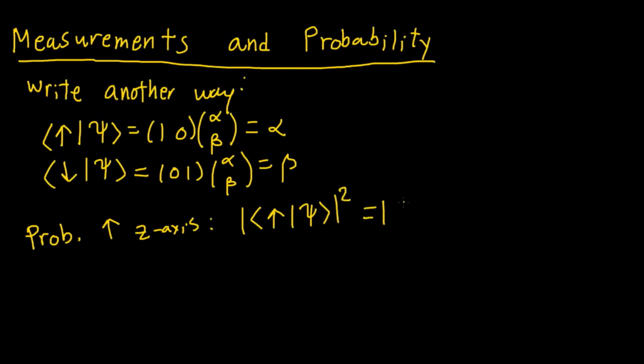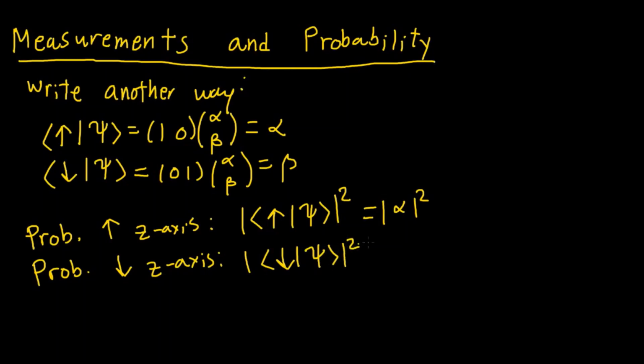Because that's just equal to the absolute value of alpha squared. And the probability that we have spin down along the z-axis is equal to the absolute value of the inner product of the spin down state with psi, squared, because that's just equal to beta squared.